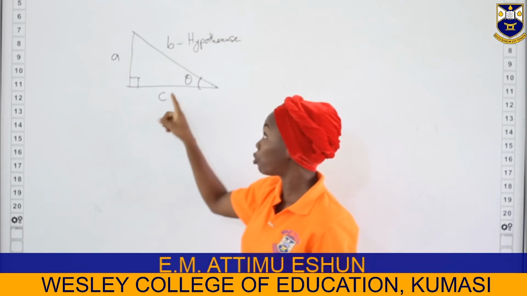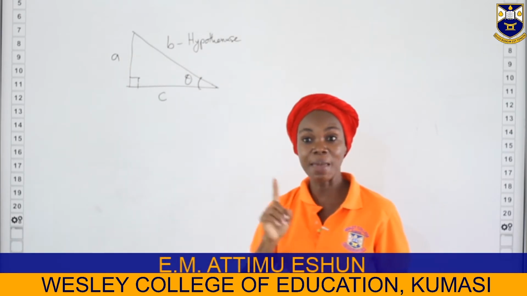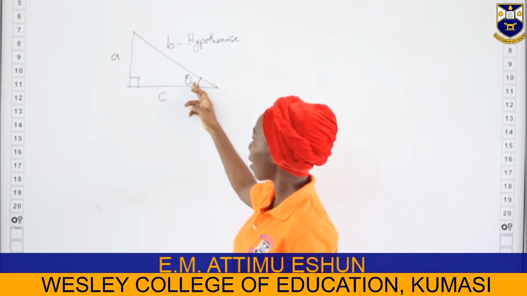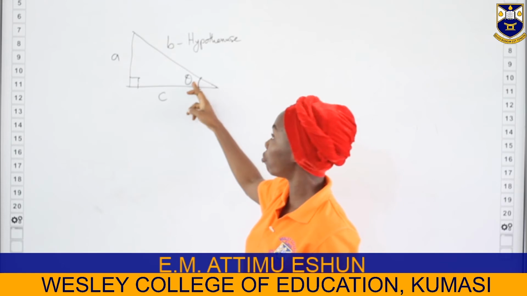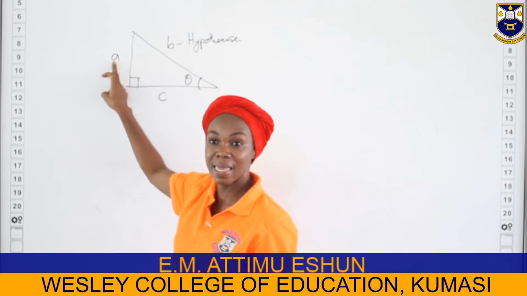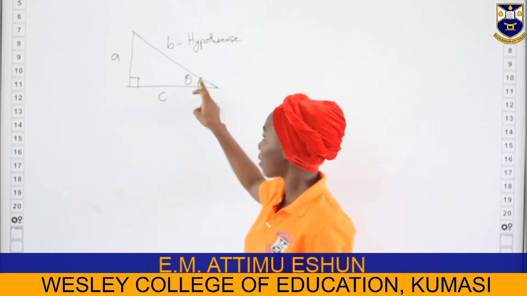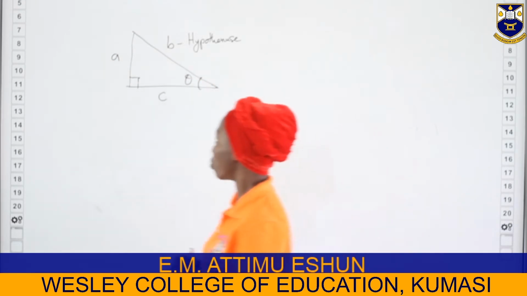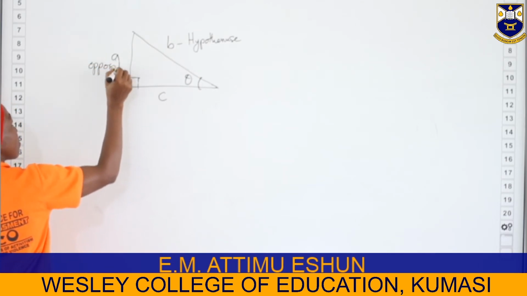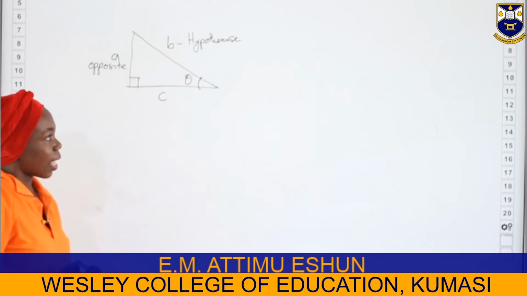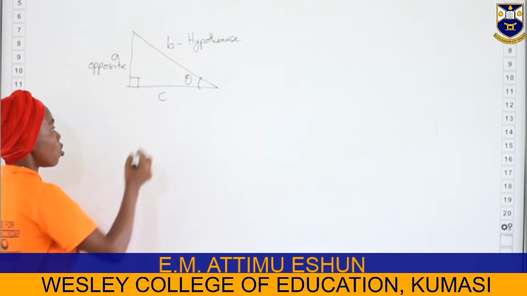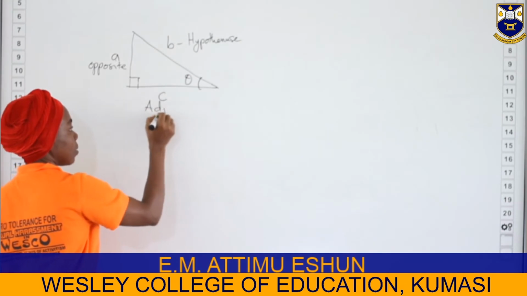Now, with reference to the angle theta, we can name all the other sides of the triangle. Theta is an interior angle in the triangle, and so the side A facing that angle theta is referred to as the opposite side. And so the last and the final side of the triangle will be called the adjacent side.